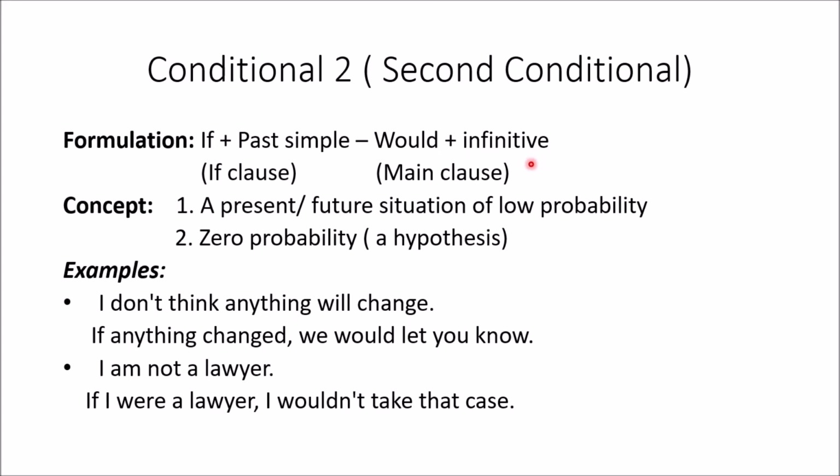And when we are discussing second conditional sentences, we are referring to a present or a future situation of low probability, which means it's not very likely to happen, or a situation in present or the future with zero probability, or a hypothetical situation.